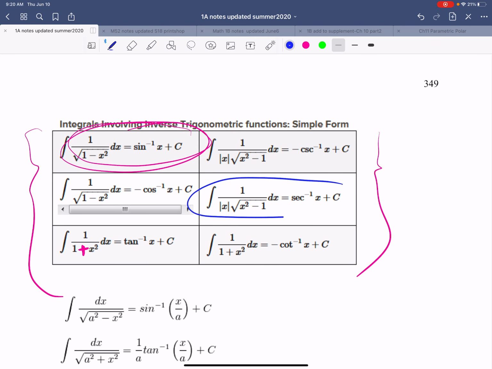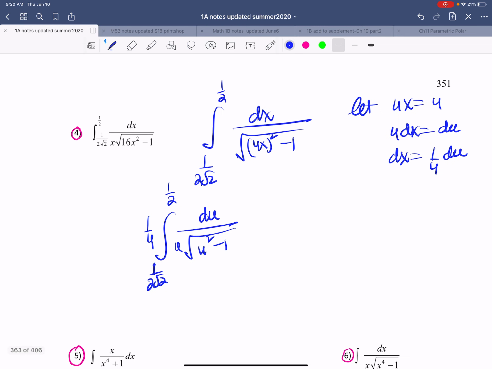If you look at the integral of secant inverse x, there is 1 over x, square root of x squared minus 1. I'm just assuming in all these problems, if it's not stated, the x is positive only. So I have directions that say x is positive only. I'm not going to worry about absolute value bars. All right, so this is going to be 1/4 secant inverse u, from 1 over 2 root 2 to 1/2.